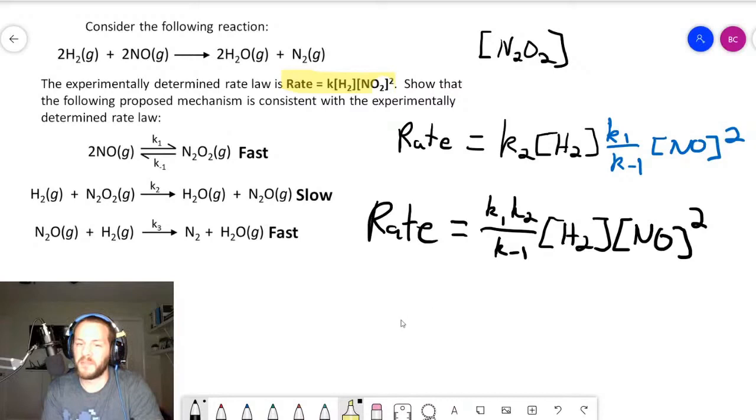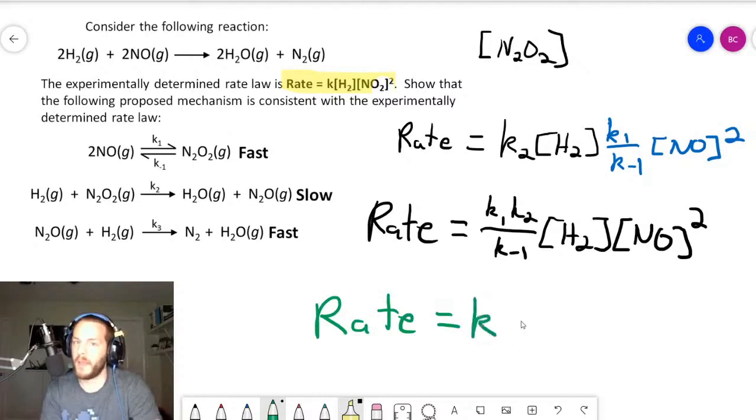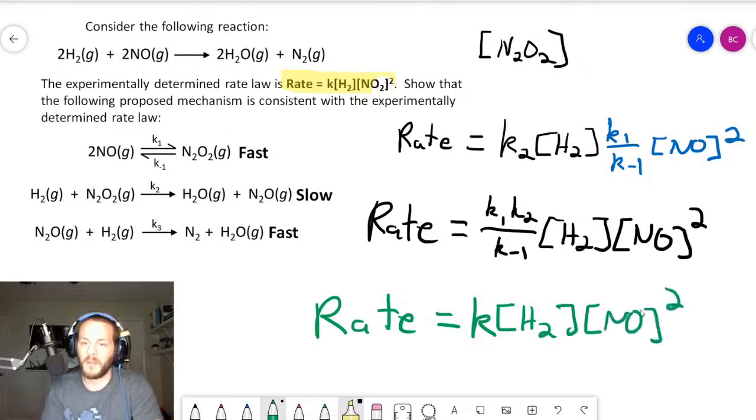And so we can simplify this down to rate is equal to K, we'll just call it K, times the concentration of H2 times the concentration of NO squared.